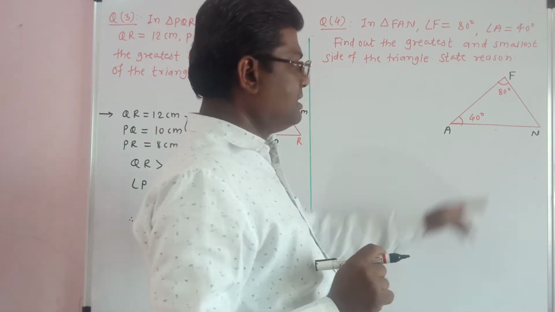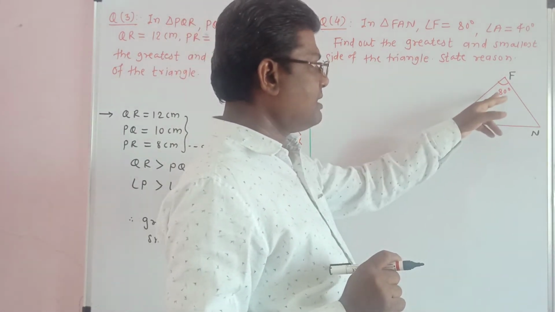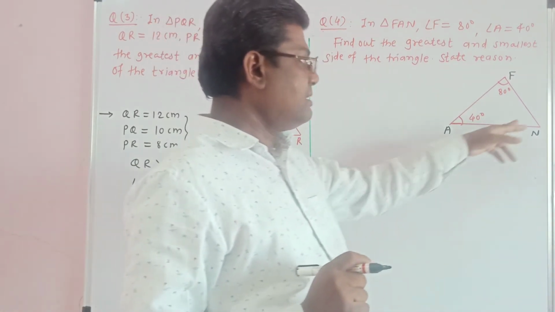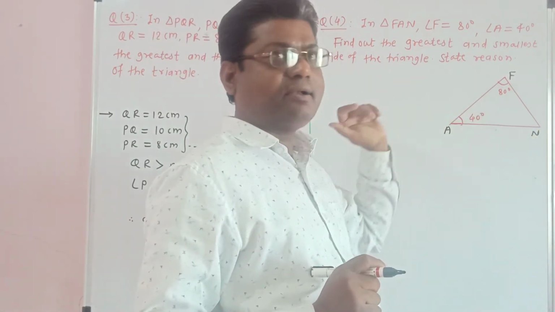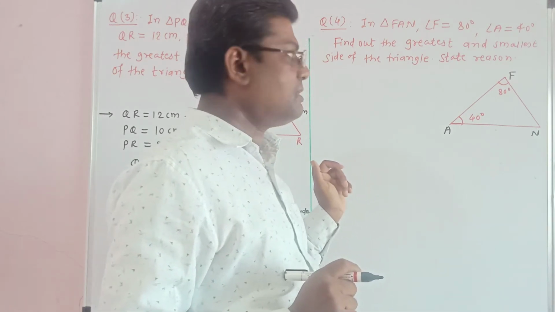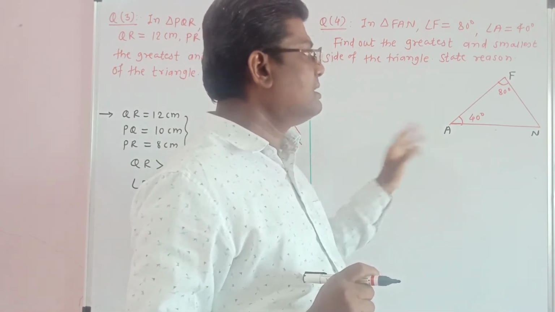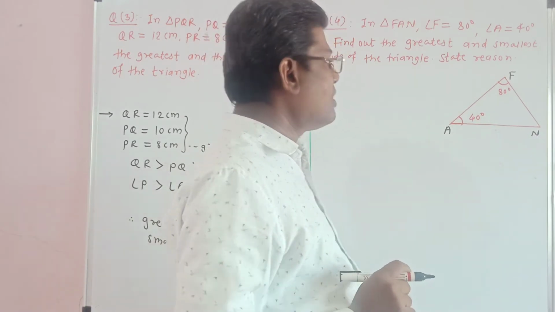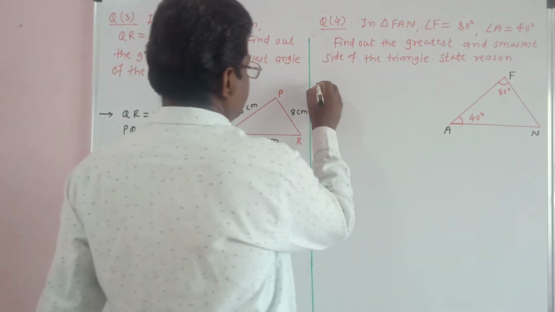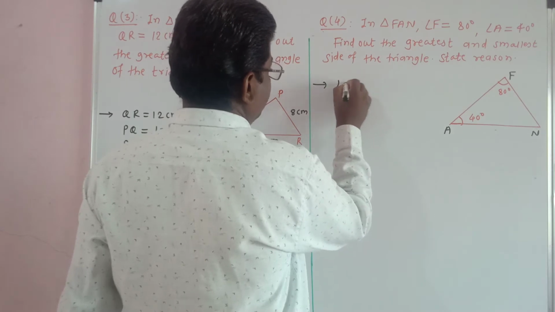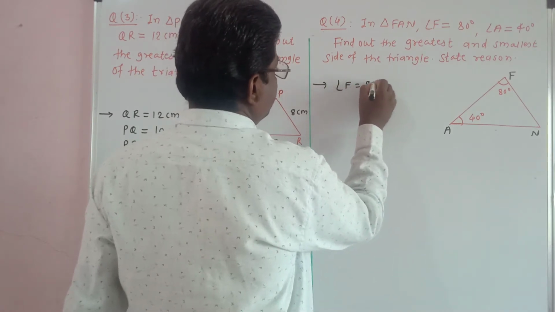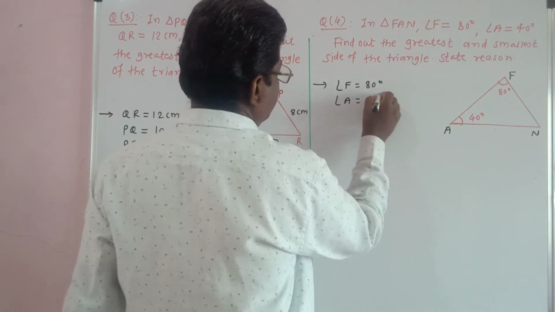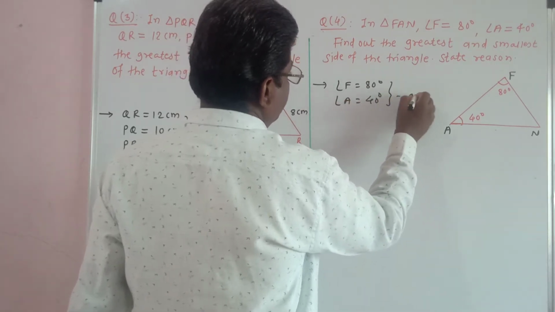State the reason. These two angles are given, 80 degrees and 40 degrees, and the third angle is not given. We know that the sum of all the angles of a triangle is 180 degrees. Therefore, we can find the remaining angle of the triangle. Now let's solve. Angle F is equal to 80 degrees, angle A is equal to 40 degrees. It is given.